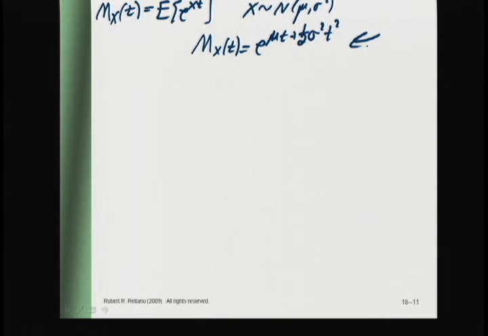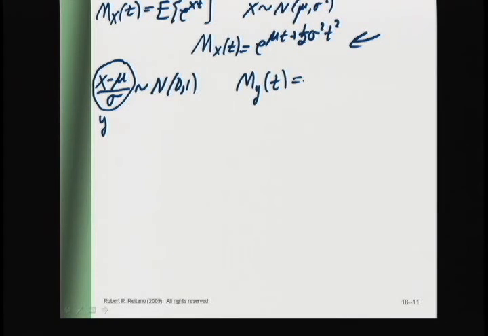So I'll prove one, and again leave the other as an exercise. The way we can prove that x minus mu over sigma is indeed normal, not that it has a mean of 0 and a variance of 1, that's the easy part, but in fact that it's normal, is to prove that the moment generating function of that random variable, let's just call it y to save a little bit of notation, is in fact e to the 1/2 t squared.